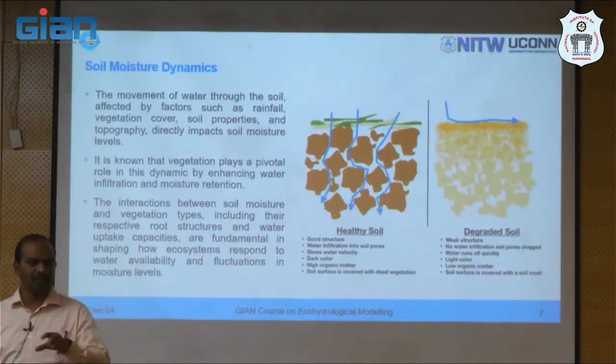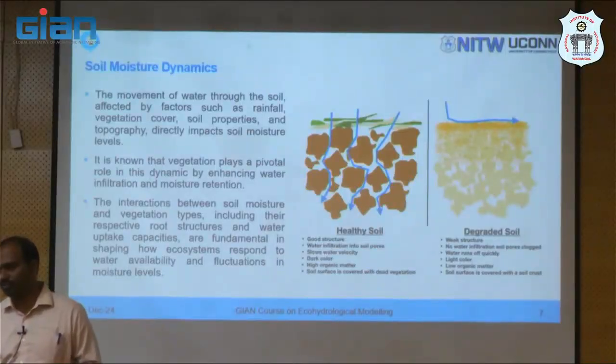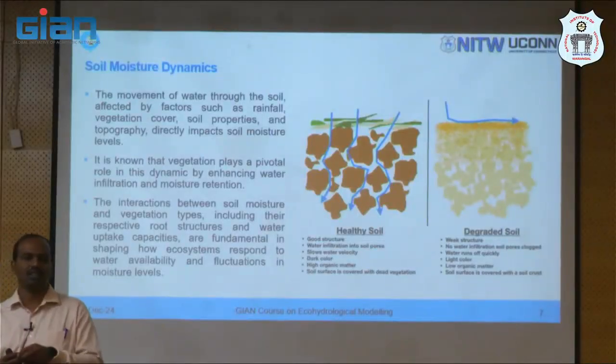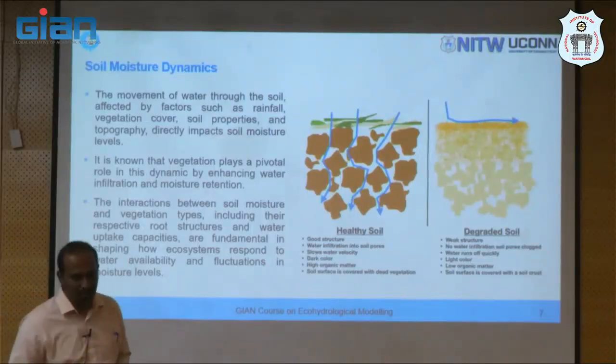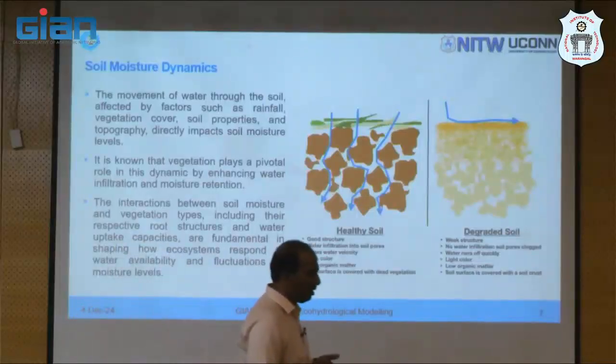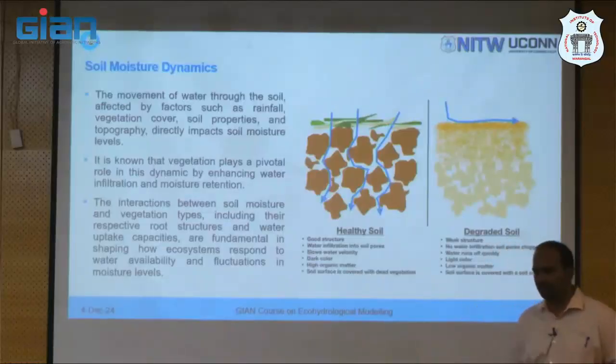As the soil particles get dislodged, it is possible that they will clog the surface pores. Once it clogs the surface pores, the ability to infiltrate also reduces. Further, if it gets compacted, the vegetation will also not come out.